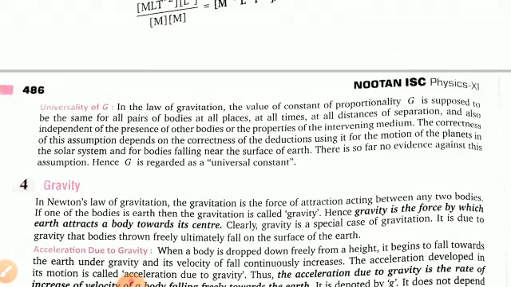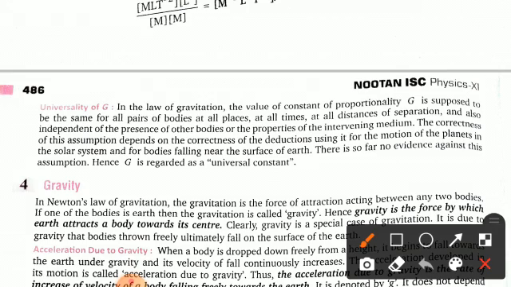The correctness of this assumption depends on the correctness of the deductions using it for the motion of the planets in the solar system and bodies falling near the surface of the earth. There is so far no evidence against this assumption, hence G is regarded as the universal gravitation constant.